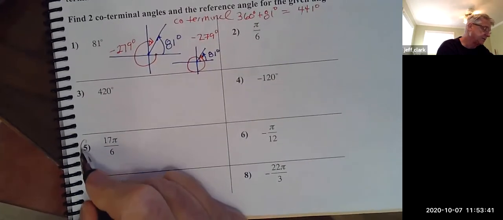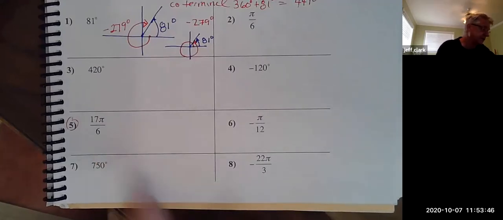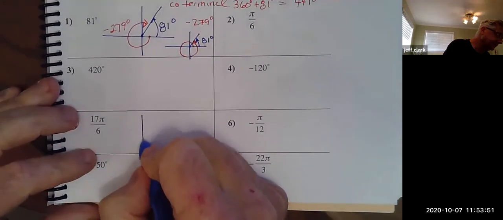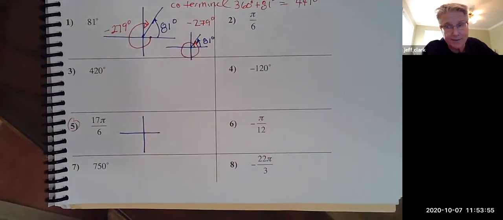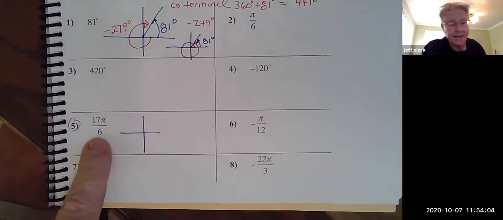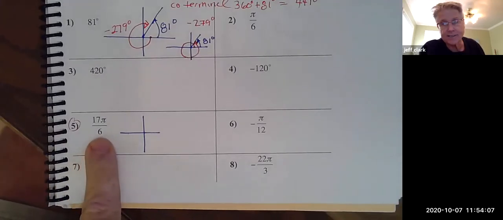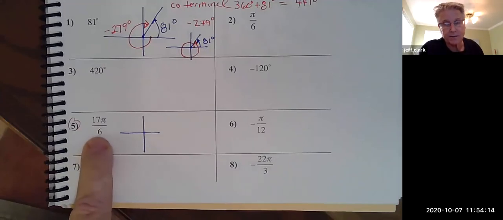I'll do one more. I'll do this one, 17 pi over 6. I just have to figure out where 17 pi over 6 is. We could turn it into degrees, or I can think about how 6 goes into 17 almost 3 times, to see how many revolutions it goes around.